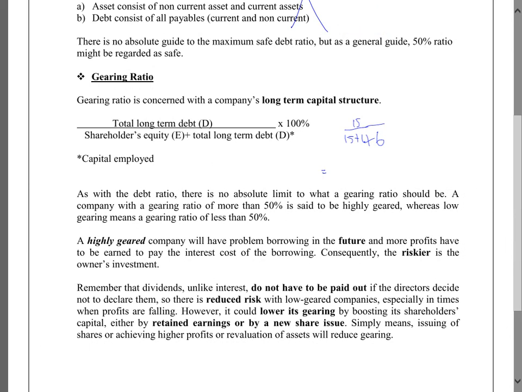D divided by D plus E. That gives 24.6%. The other one, 29%.